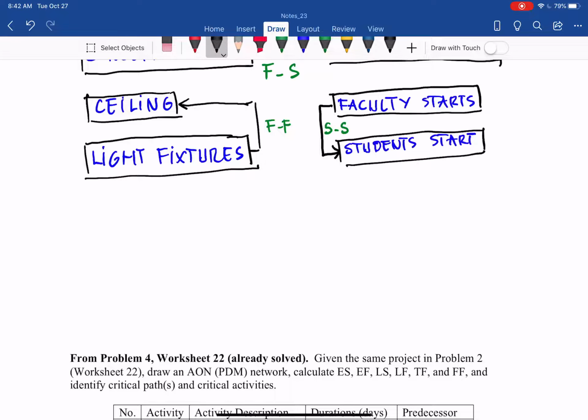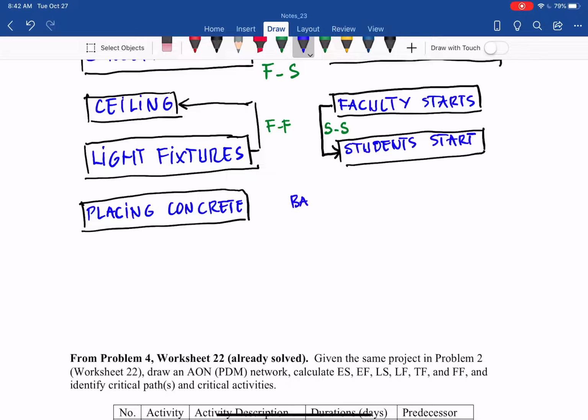So we have placing concrete, and then you will have backfill. Backfilling is something you do in your project one, where you estimate placing concrete for the foundation, etc., and then backfill after you finish that. So as you can see, it can be a finish-start relationship.